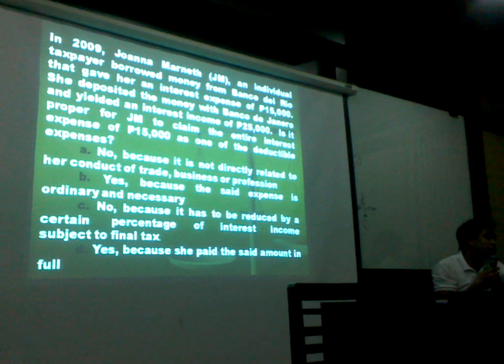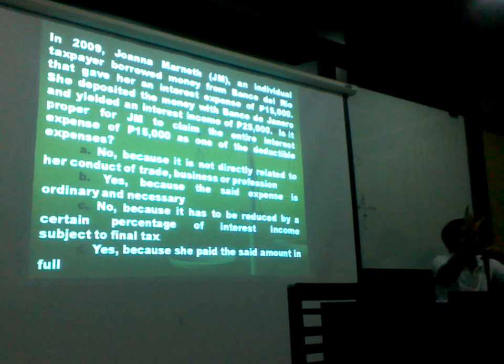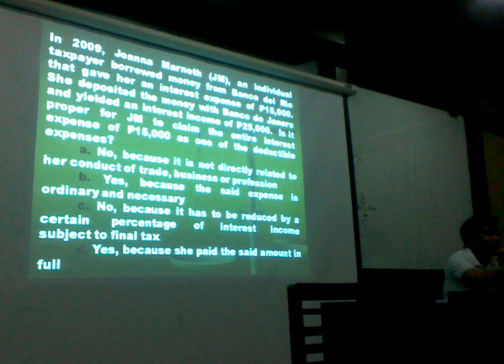The interest income from that money is subjected only to 20% final tax. The difference is 10%. If he puts it in business, it is subject to 30%. If he puts it in the bank, only 20%. There's a difference of 10%. That is the arbitrage there.